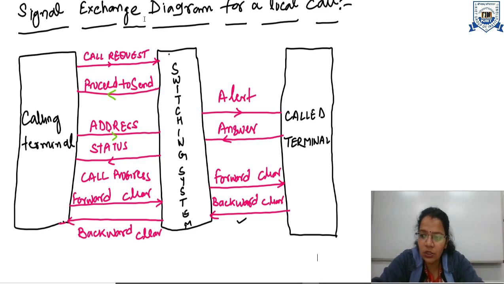When the called customer sends the answer signal, this is extended back to the originating exchange in order that its supervision can commence. At the end of the call, the clear signal originated by the caller is extended forward to the terminating exchange, and that from the called customer is sent back to the originating exchange. Both exchanges then release their connection.